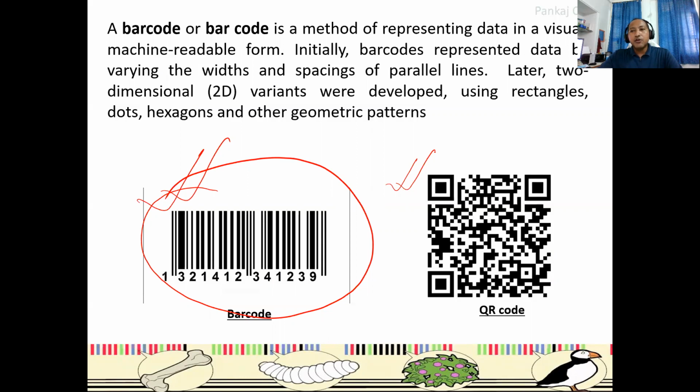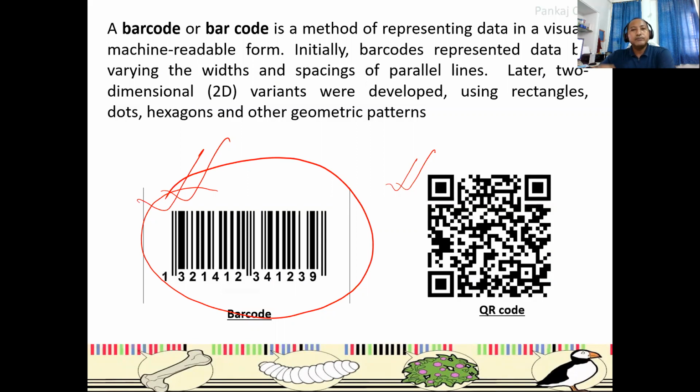Now, we all are familiar with barcodes. Whenever you visit a shopping mall and you purchase a particular item, the shopkeeper doesn't write any detail about the product. He simply scans the barcode printed on the product or the item, and the computer automatically recognizes the item, and all the details including price, manufacturing date, batch number, everything is printed on your bill.